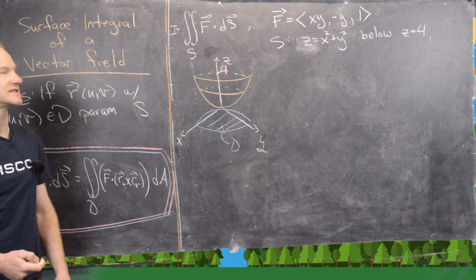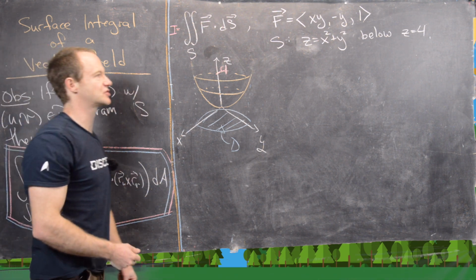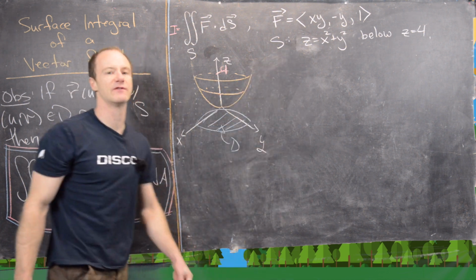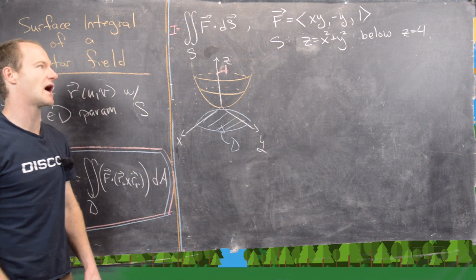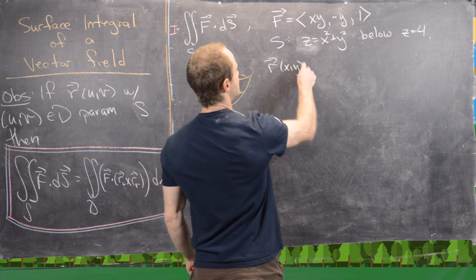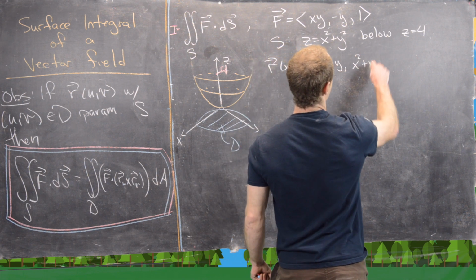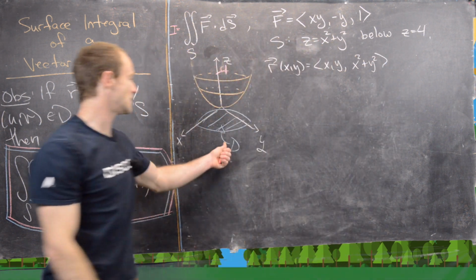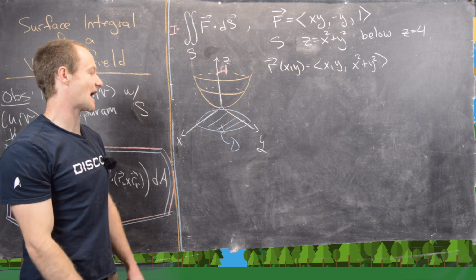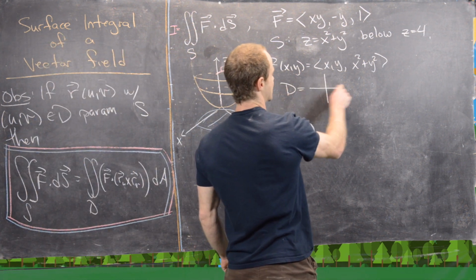which parametrizes this surface. So, like I said, we need to look for a parameterization of the surface, but since this is given by z as a function of x and y, that's quite easy to do. We can just do r(x,y) equals x comma y comma z, which is x squared plus y squared. And then we can also go ahead and use just this thing as our region. So I'll just say D equals this.